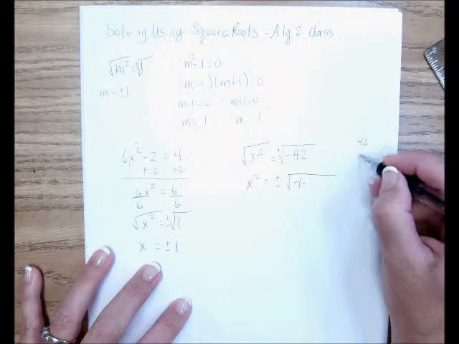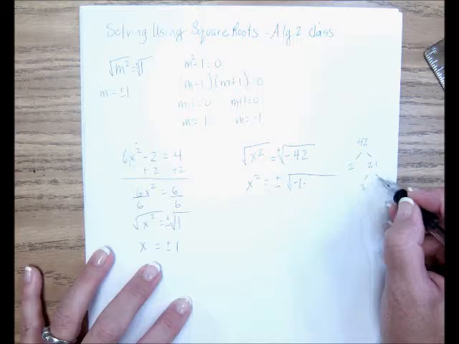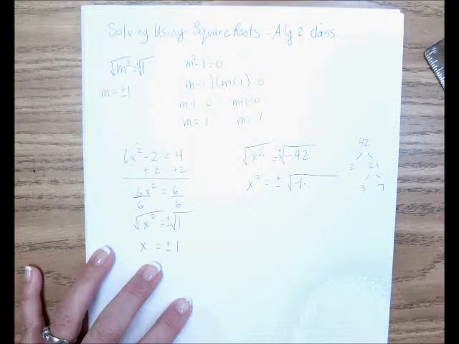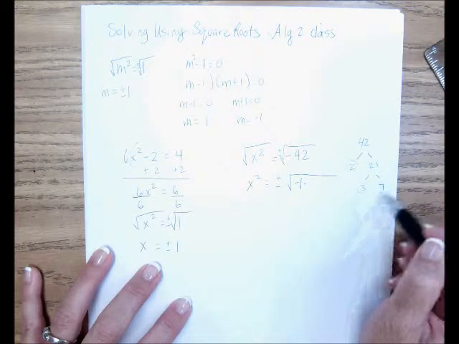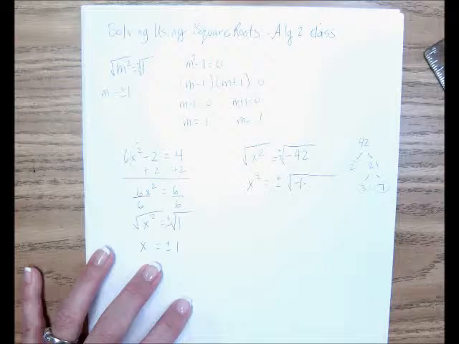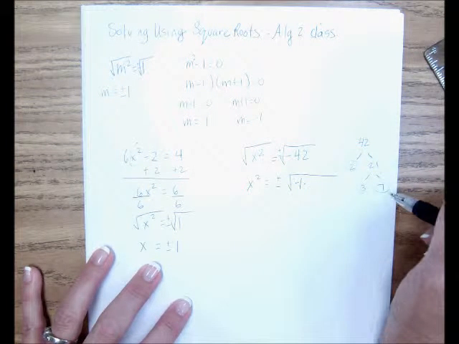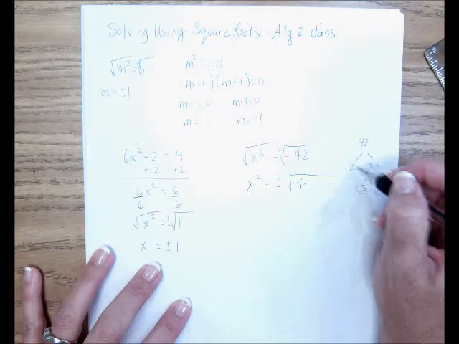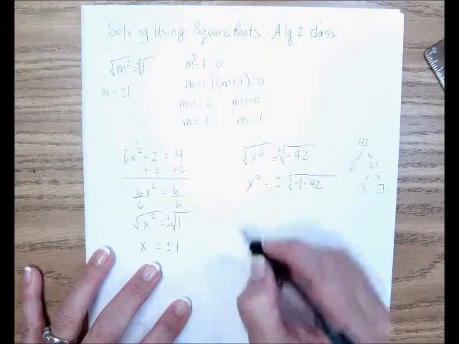But let's do our factor tree that we worked on last week, and we can find out that the factors of 42 are 2, 3, and 7. That's the prime factorization. So looking at this, there are no pairs that I can pull out, so I'm going to multiply them back together, and it's going to equal negative 1 times 42.